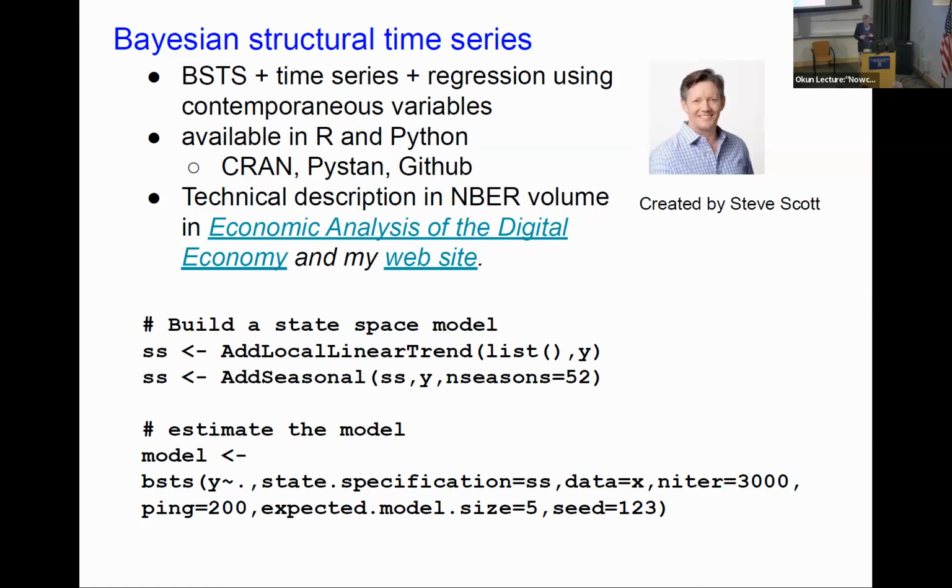That's the SS business. I've got a lot of data that I think might be predictive of Y, but I don't really know for sure. So I'm going to use this variable selection model that I alluded to, the spike and slab. And my guess is I'm looking for around 5 predictors. Could be more, could be less, but I think that's the kind of model I want. And the seed is just there so I can reproduce it later on when I make some change in the algorithm.